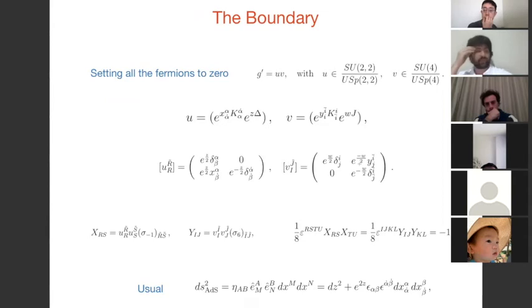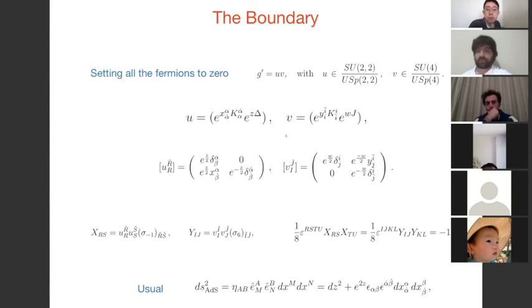So just a few words about the boundary. In our coordinates, how do you understand this AdS5 x S5 geometry? One exercise is to set all the fermions to 0, and then you get two cosets that parameterize AdS and S5. If you take all the fermions to 0, we get this expression in our coset.